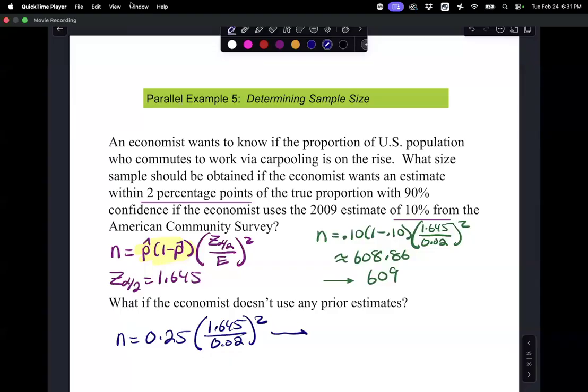How did you get E, 0.02? It's because it says 2 percentage points. Okay. Yeah. Bet you at least one other person had that same question.